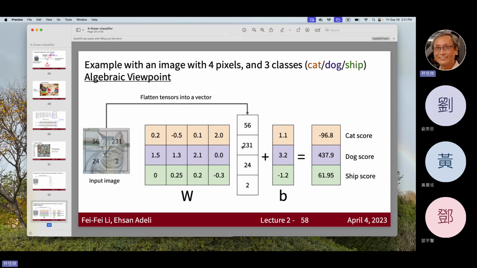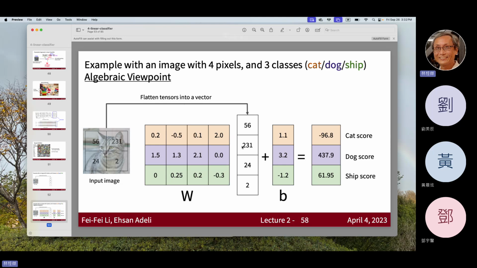But in terms of your model, after you have this and this, you will make the prediction, which says the score for a cat is a negative number, 96. This one here is a dog, and this one here is a sheep. How good are these scores? If you look at the result, how good are they? Not very good, right? Because we know that this one is supposed to be a cat.